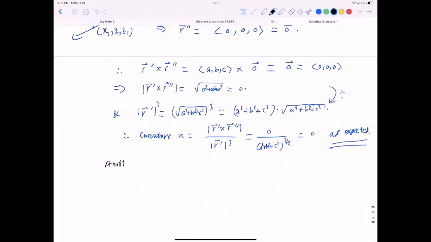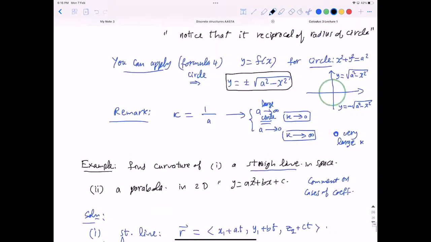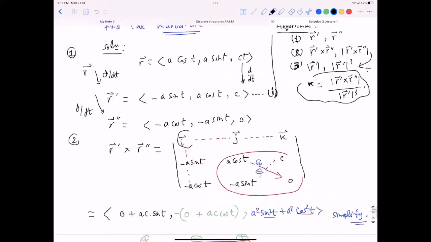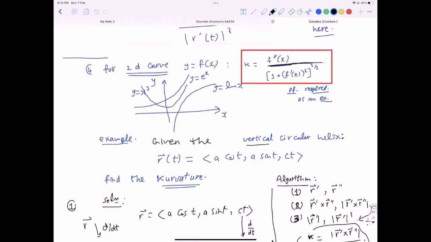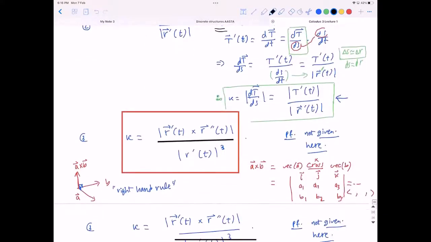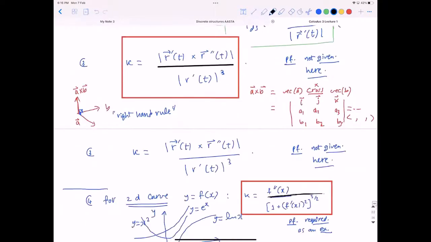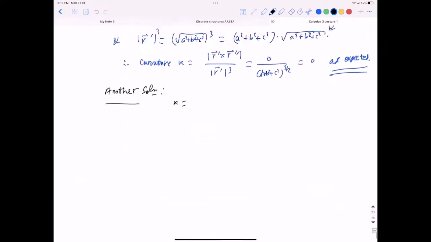Another solution for this, as you are trying to do. This one will be a bit more complicated because it involves the magnitude of R dash and then more. Another solution, let's find K equals, what is the second formula? The magnitude of T dash over the magnitude of R dash. Yes, T dash of t over R dash of t, magnitude. So what is R dash here?